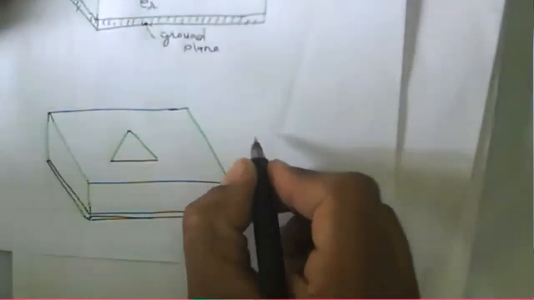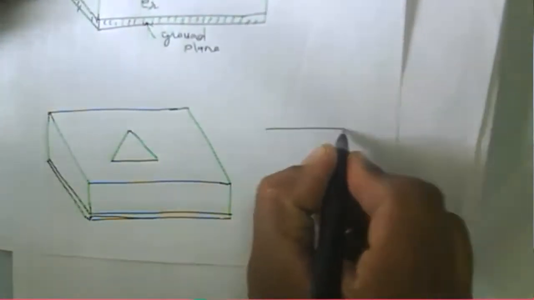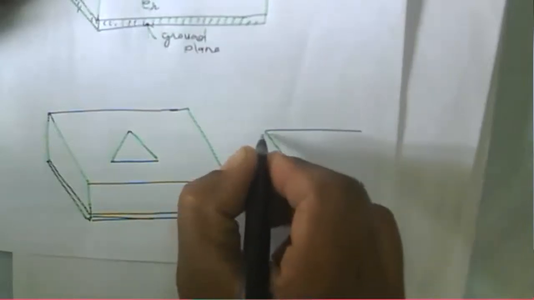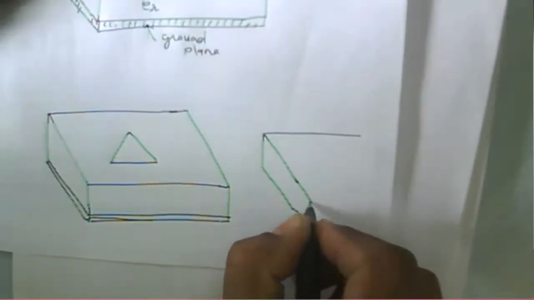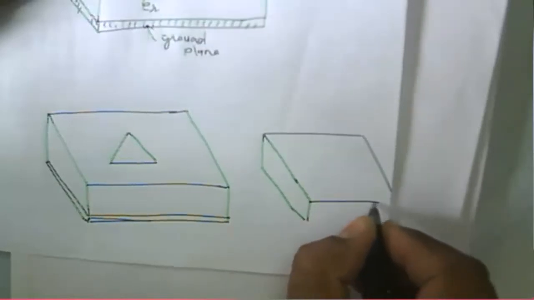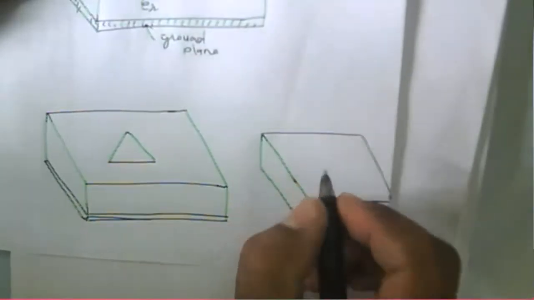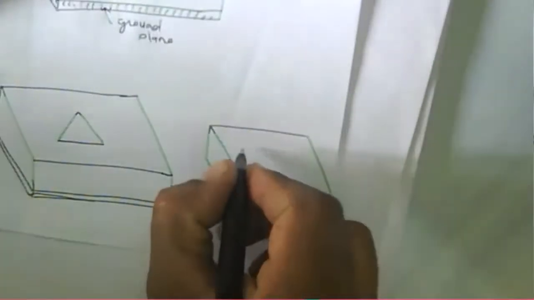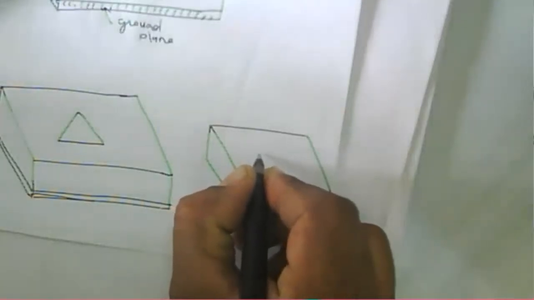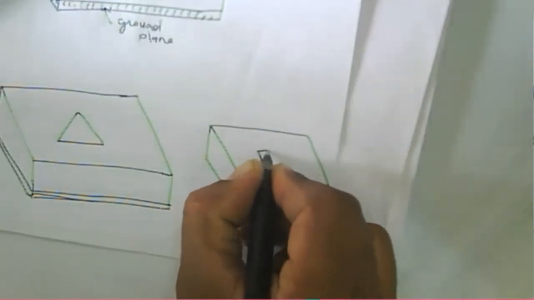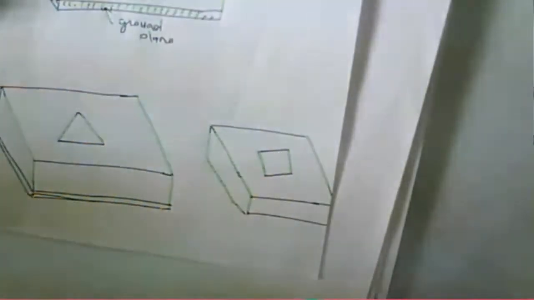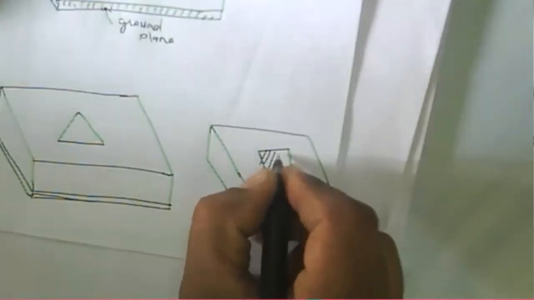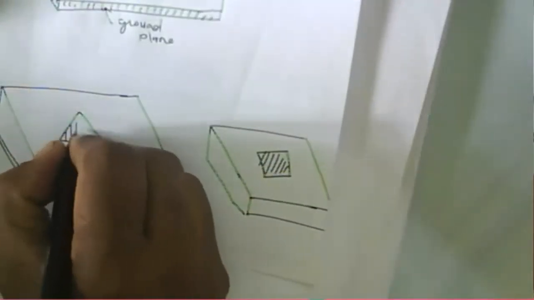Or suppose I wanted to develop a square shape instead of a rectangular one. This is a square shape. Now this square shape or this rectangular shape will act as an antenna.